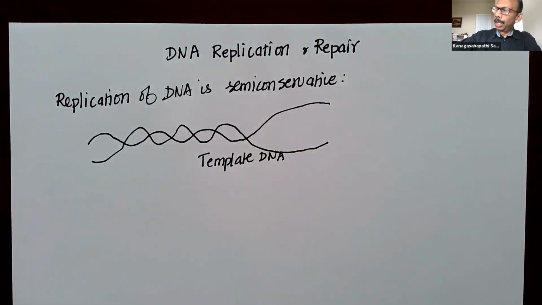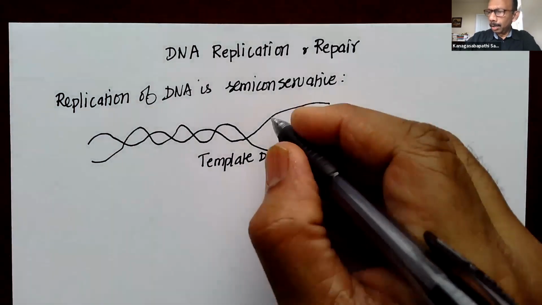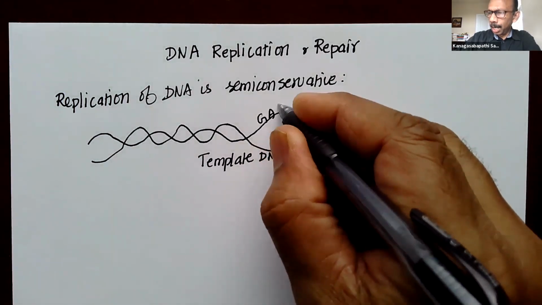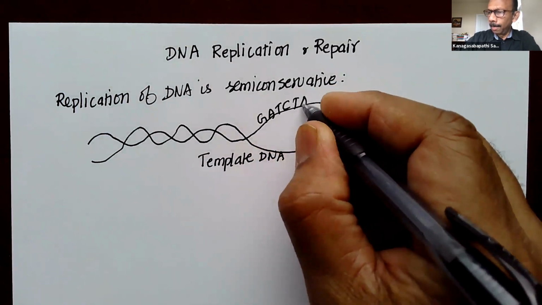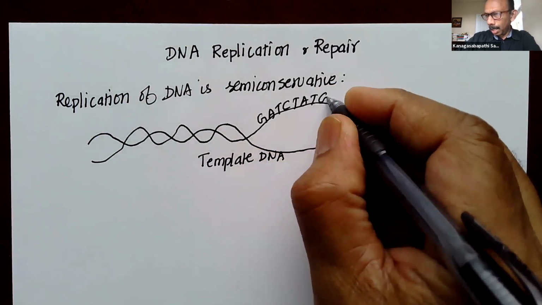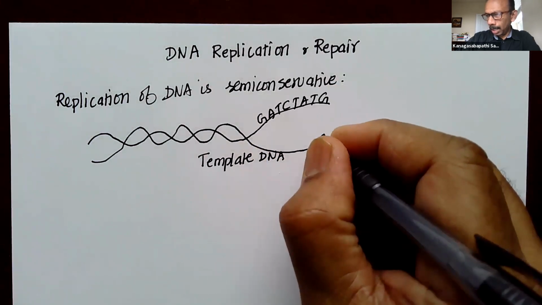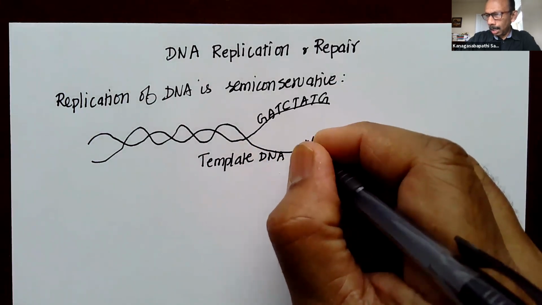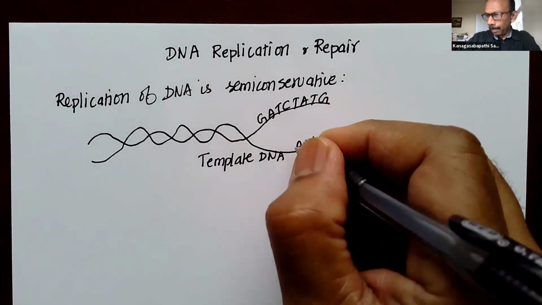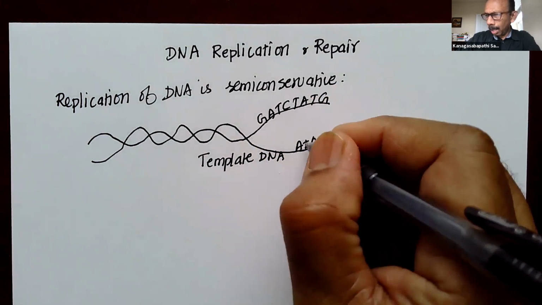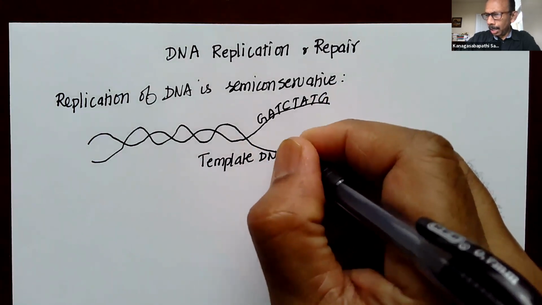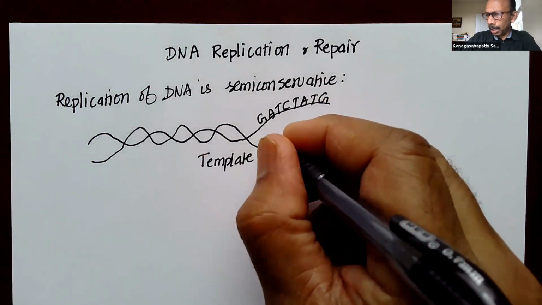And so the new DNA is going to be made. If the template DNA, as we saw before, is GATCTATG, and this strand will be CATA, coming right there, and GATC.